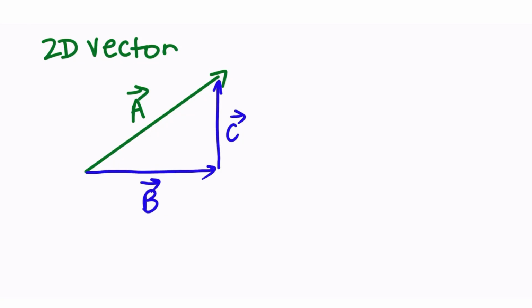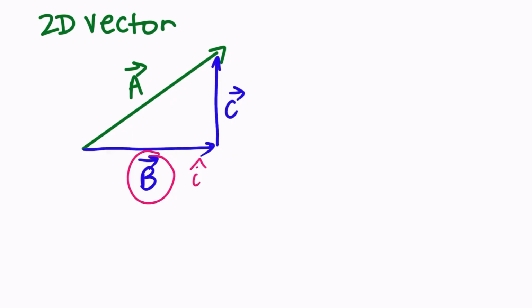Now, the way we think about horizontal vector B is we think about it as a scalar multiple of the basis of horizontal vectors, which is I. And C is the vertical component vector, which is J. Therefore, if the length of B is 5 and the length of C is 3, then we can rewrite B as being 5I because it is 5 times the I component.